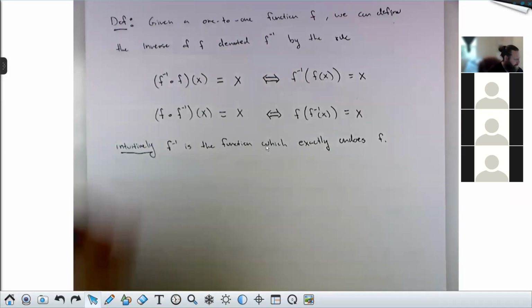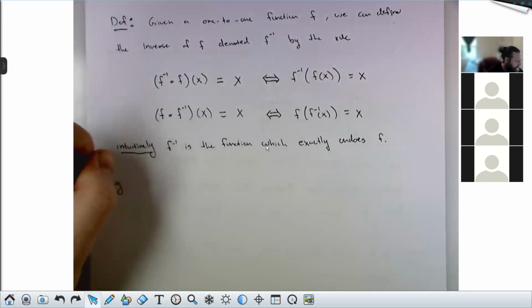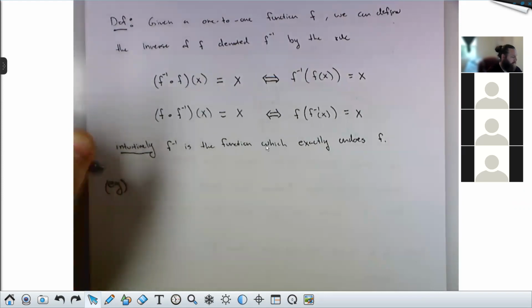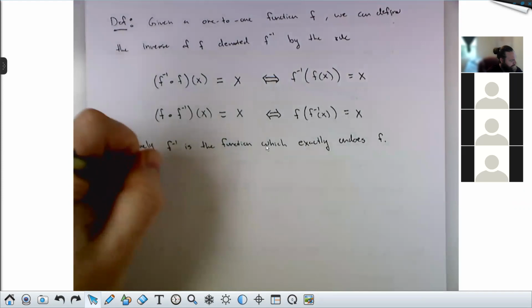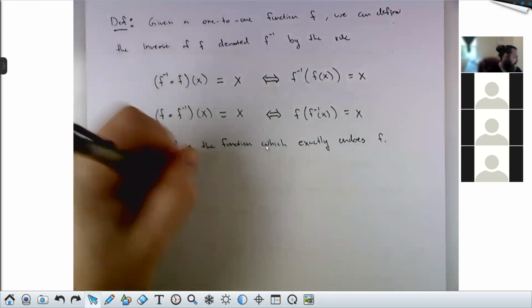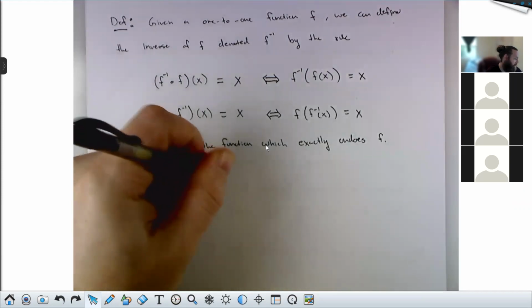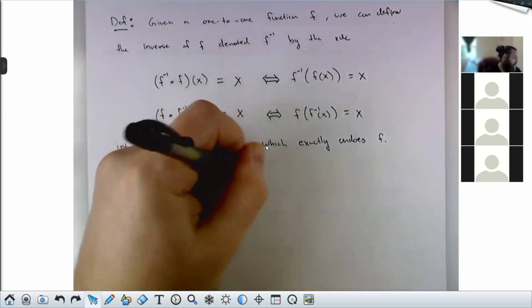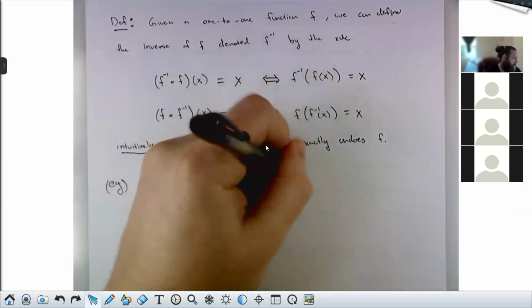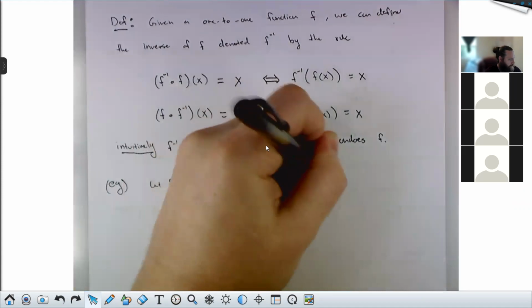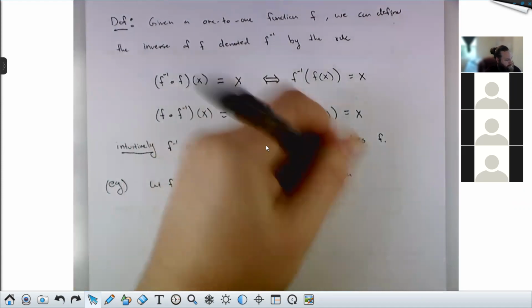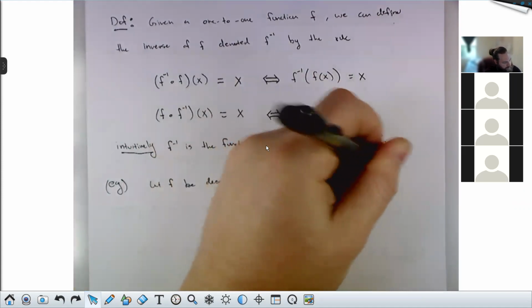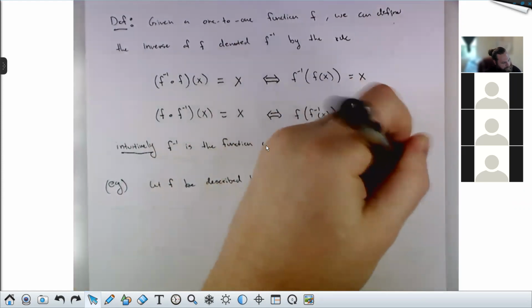And I do think a table is a good way to play with these. So we can take a look at an example for a table. Let f be described by the table. Find a table for f inverse.